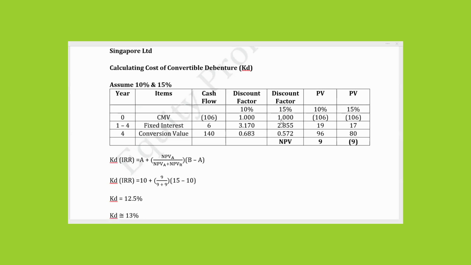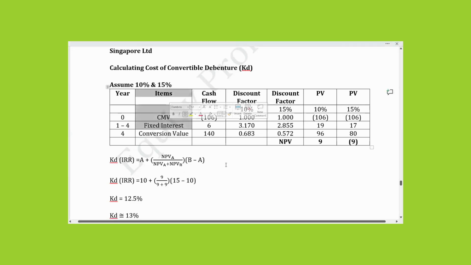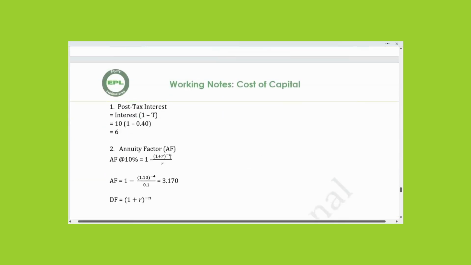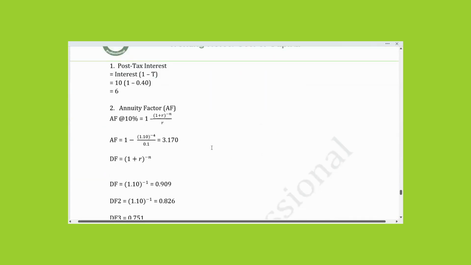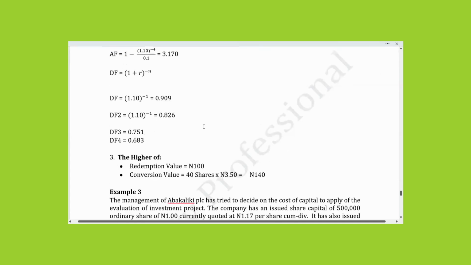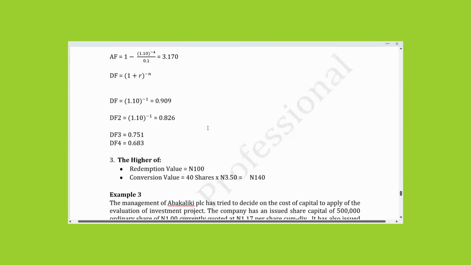So anytime you are calculating cost or market value of convertible securities, you have to compare the redemption value and the conversion value. That's why we select this 140. The redemption value is not given in the question because you are not told how the debenture will be redeemed. In that case, you assume it will be redeemed at par.